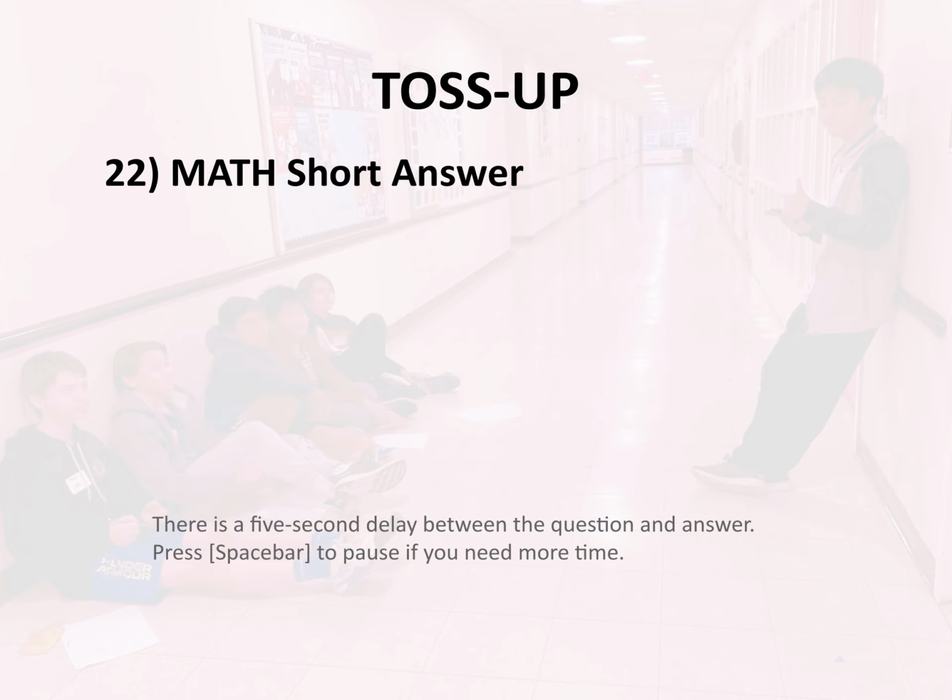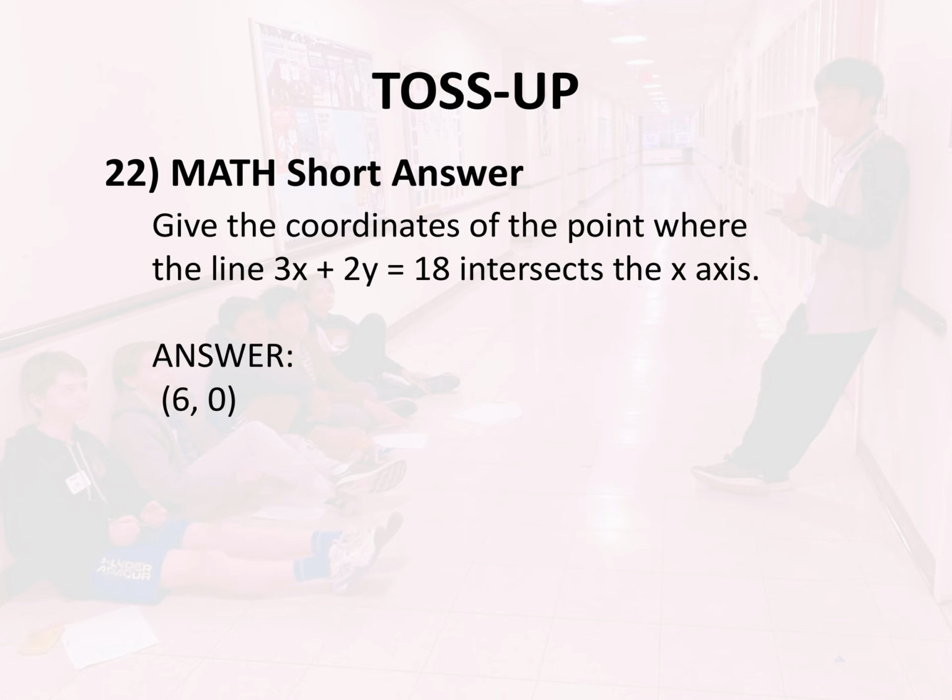Toss-up, 22. Math. Short answer. Give the coordinates of the point where the line 3x plus 2y equals 18 intersects the x-axis. Answer, 6, 0.